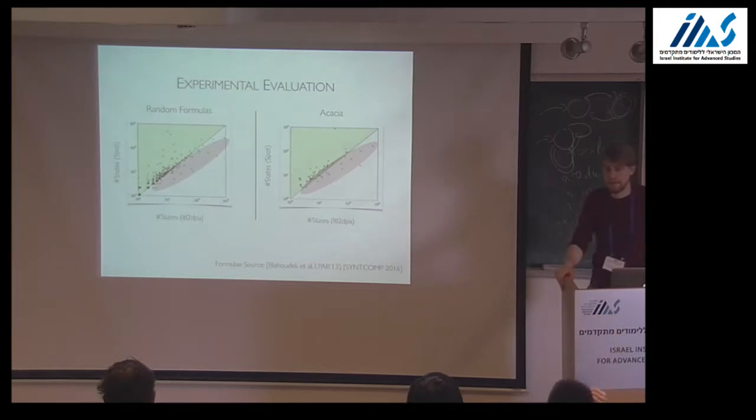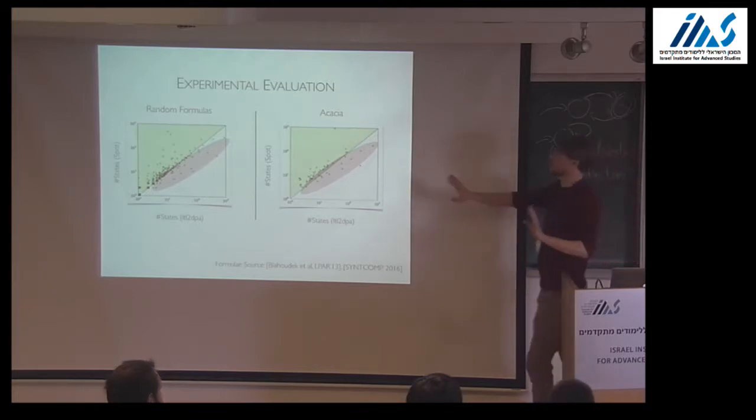Yes? When you refer to a real-world formula, how complex is the property described by the parity automaton? I don't have any answer for that at the moment. Suppose we take a human designer to design a machine for that automaton. How does this human-designed machine compare to your synthesis result? We're not doing synthesis at the moment. It's just the automaton you obtain.